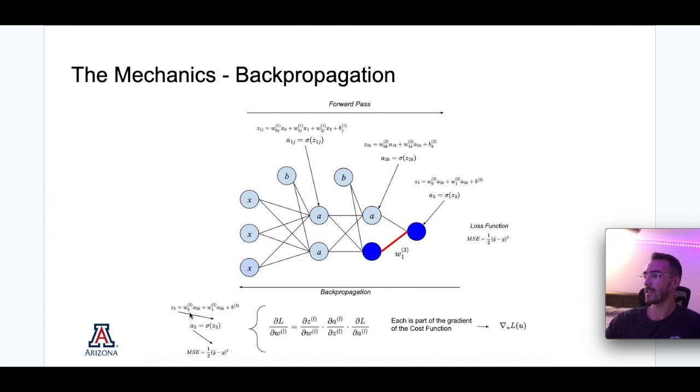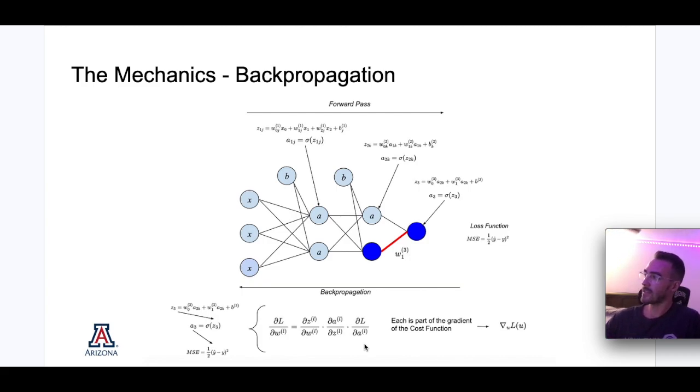Lastly, this A value can be thought of as y hat, because it's the prediction, the output node. So we want the derivative of the loss function with respect to A, the activation neuron itself. That gives us the backpropagated weight for just that specific example and that specific weight.